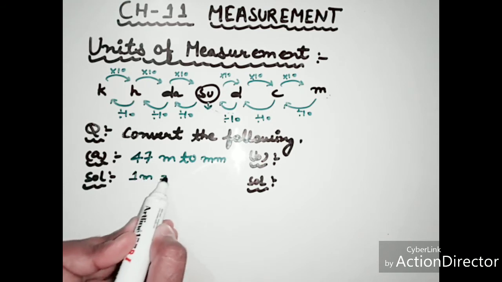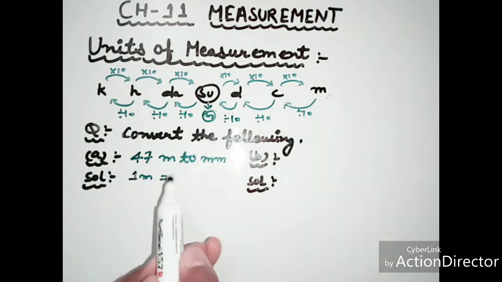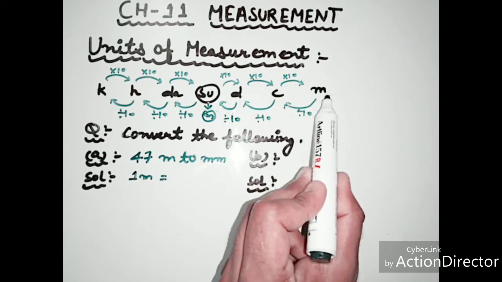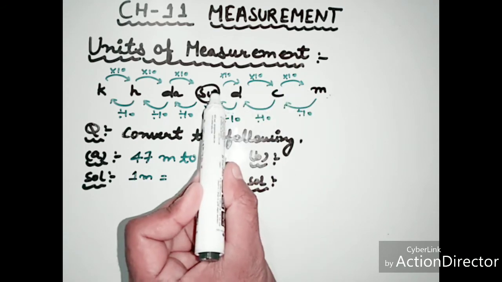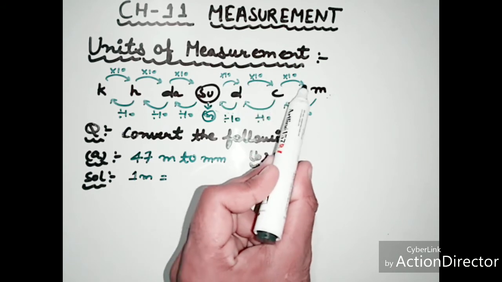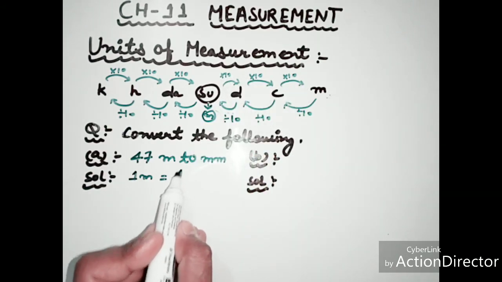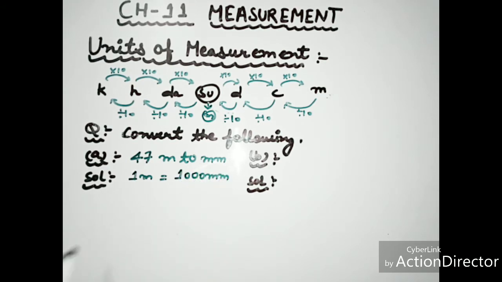So 1 meter equal to, here we write standard unit meter and we move to millimeter. From here to here means higher to lower. And how many places? 1, 2, 3 means 1000. So 1 meter equal to 1000 millimeters.